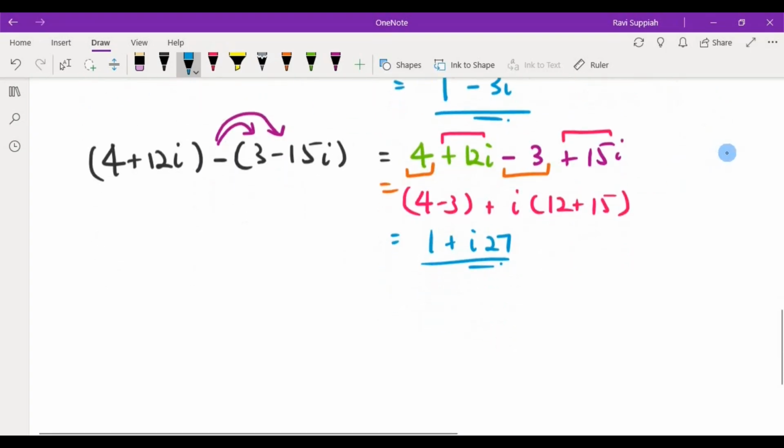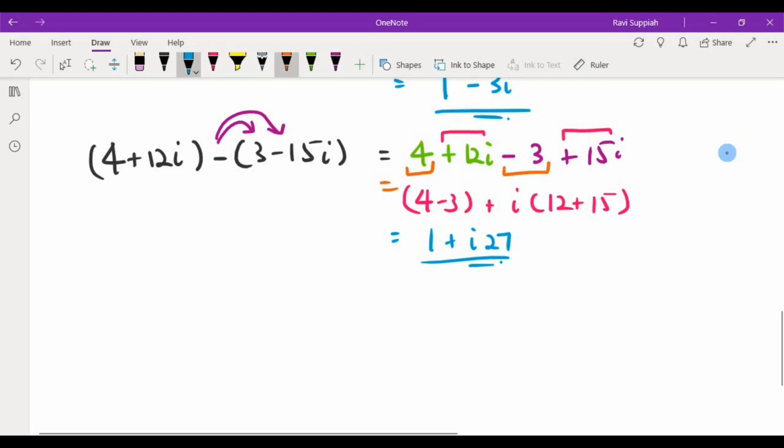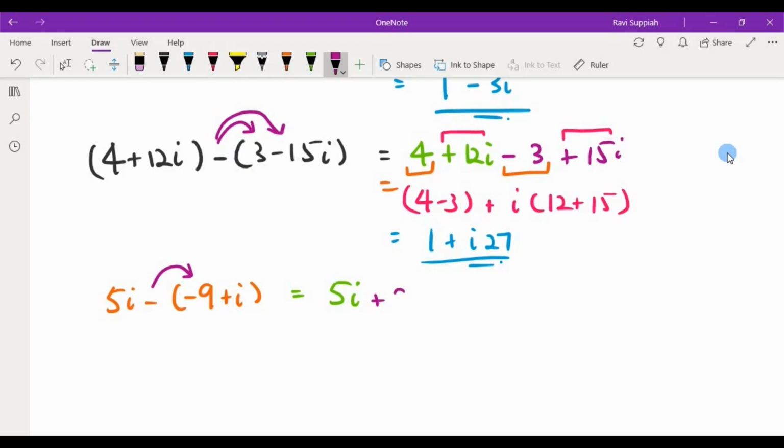Now let's look at another example here. 5i minus 9 plus i. We're going to follow the same process. For the first complex number here, there is only the imaginary part, there is no real part, so that will remain as it is. Now, when I open up the bracket, negative times negative will give me positive 9, and negative times positive will give me negative i.